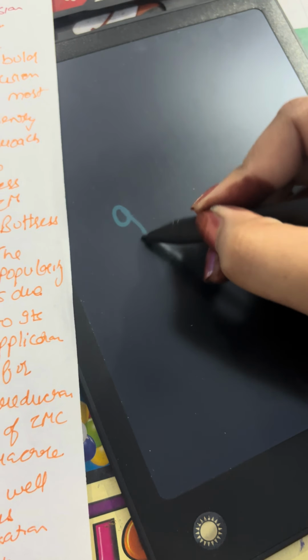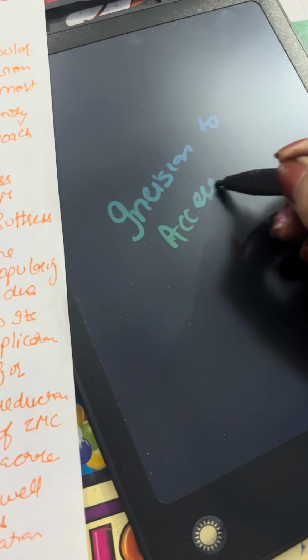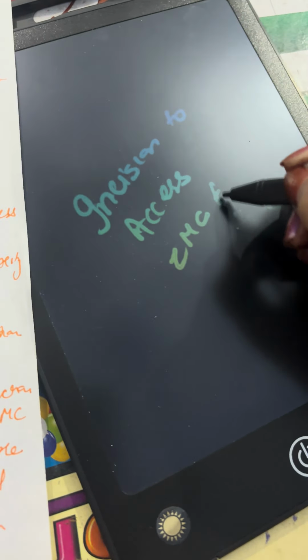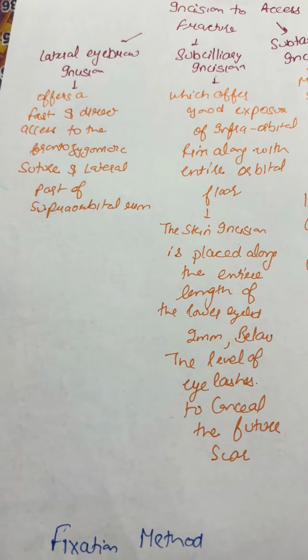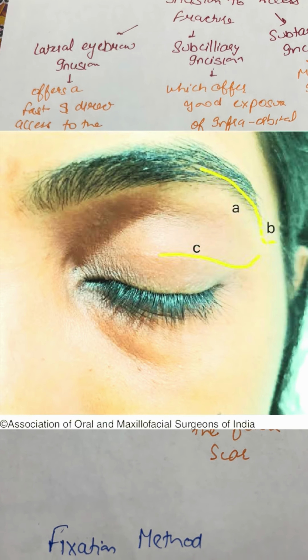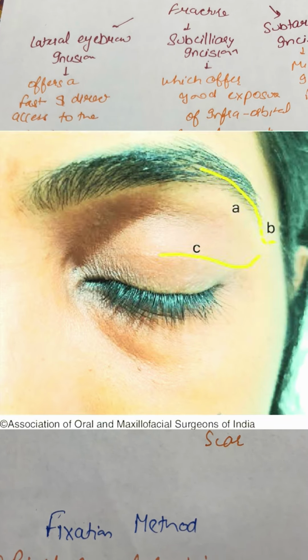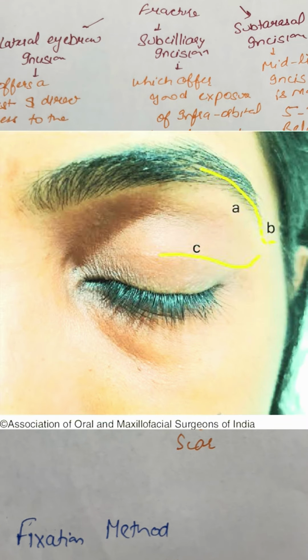Next part is the incisions to access the ZMC fracture. First, we give a lateral eyebrow incision, which offers fast and direct access to the frontozygomatic suture and lateral part of the supraorbital rim.